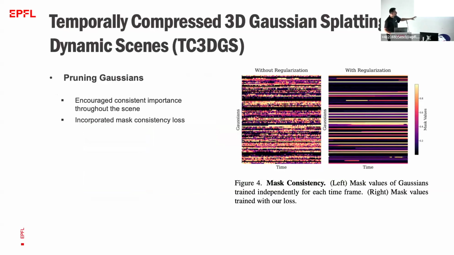Basically, we train the first frame and then add a regularization loss, so that Gaussians which were not important in the first scene stay not important in subsequent frames as well. The other Gaussians should somehow make up for the loss that they have to bear. Based on this we pruned the unimportant ones, and we could reduce the required storage by up to 67 times.